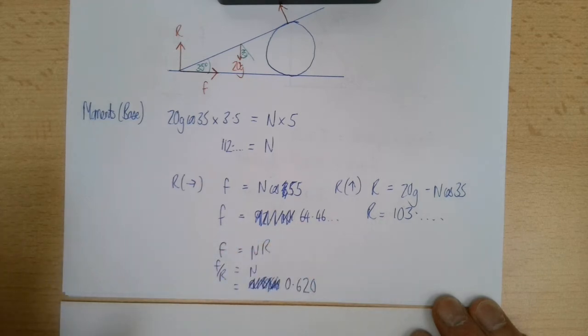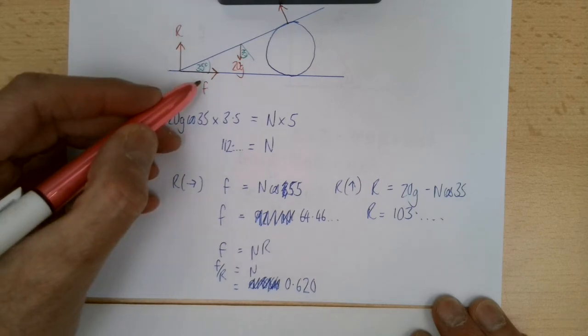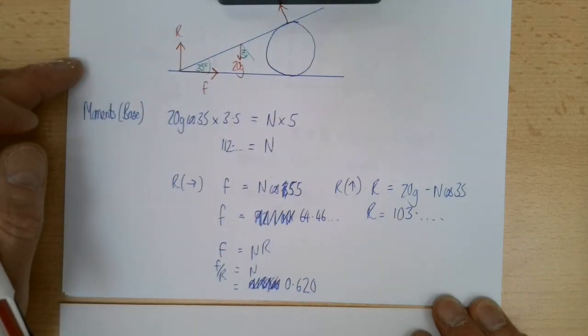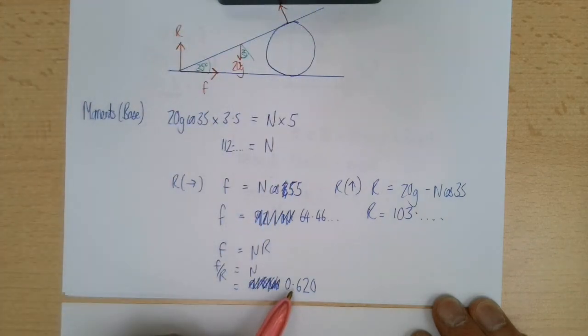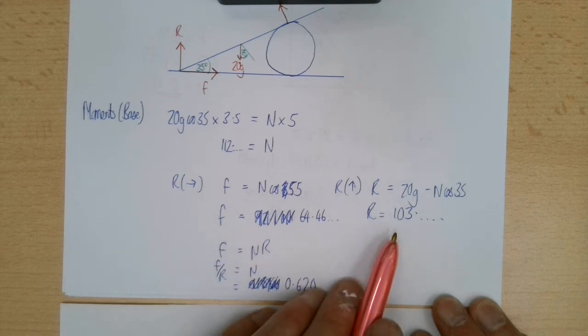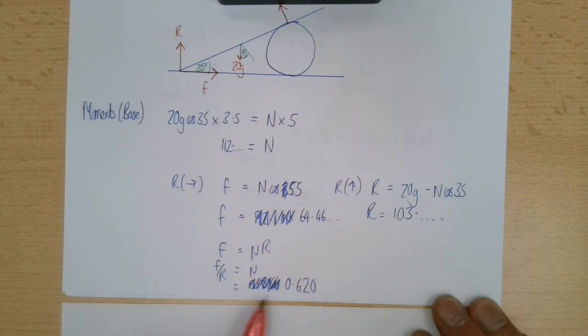Now, we're not told that. F max, F limit might be bigger than that, but it's got to be at least that, because otherwise this will be sliding away. So this is the answer to the question. Having worked out the value of F, having worked out the value of R, we can say what the value of mu is.